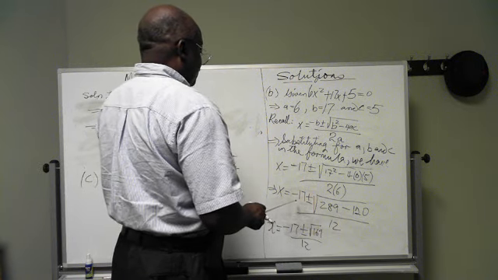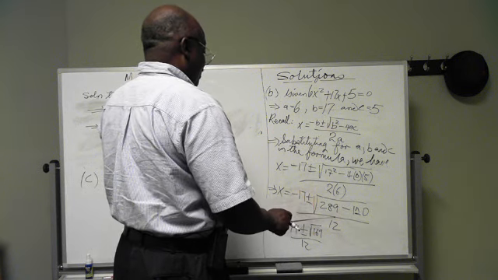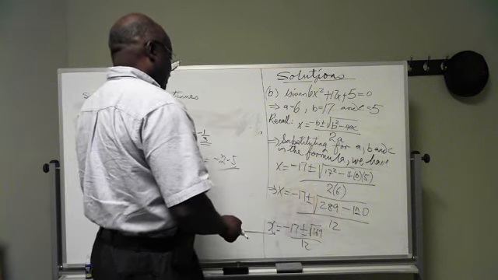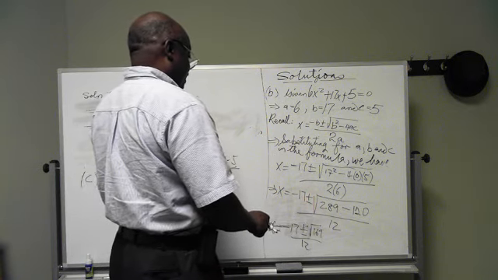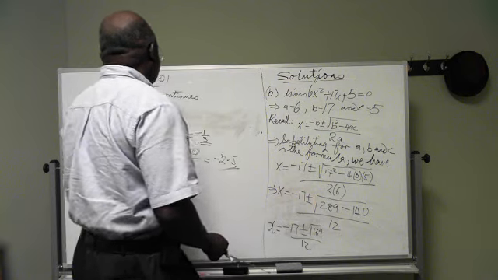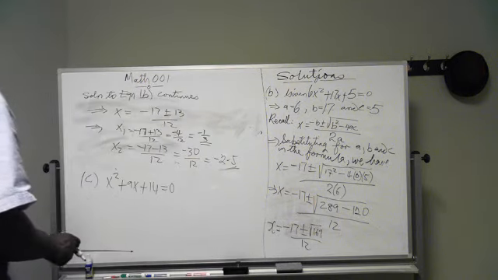which gives us minus 17 plus or minus the square root of 289 minus 120 over 12. And x is minus 17 plus or minus the square root of 169 over 12. We know that the square root of 169 is 13.